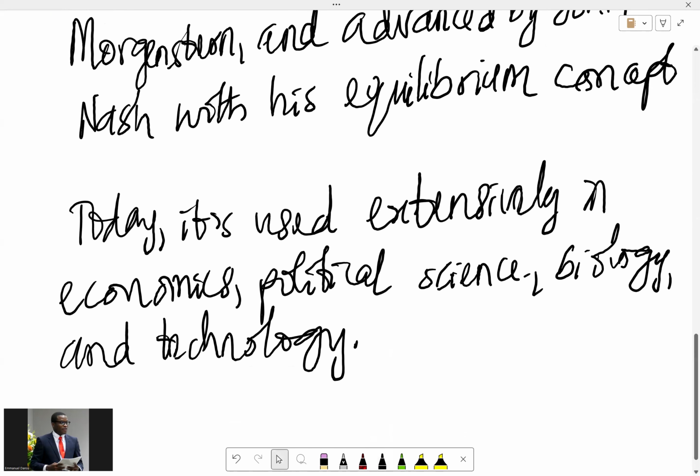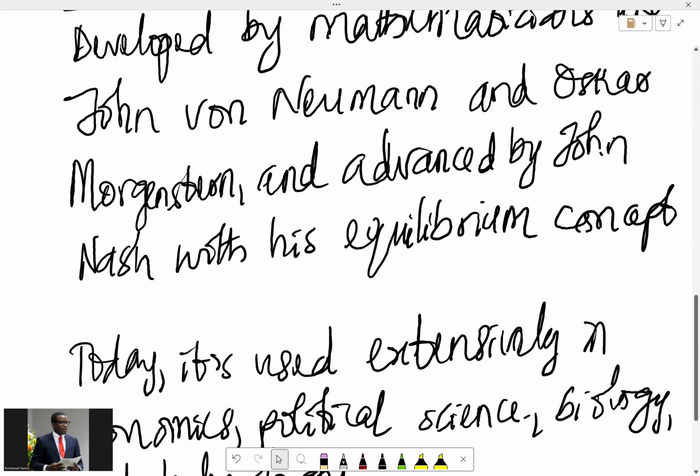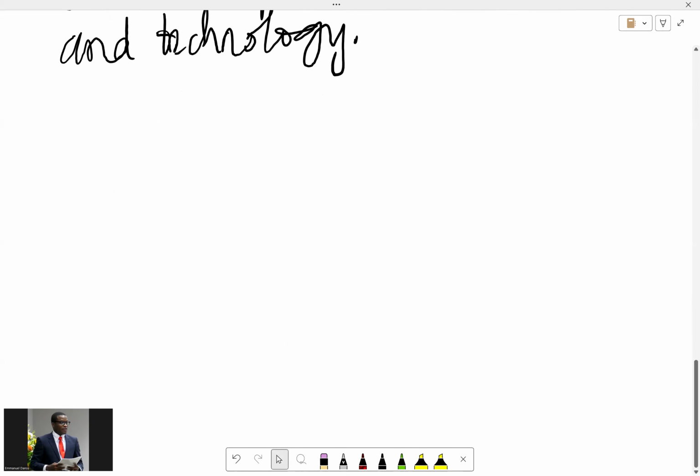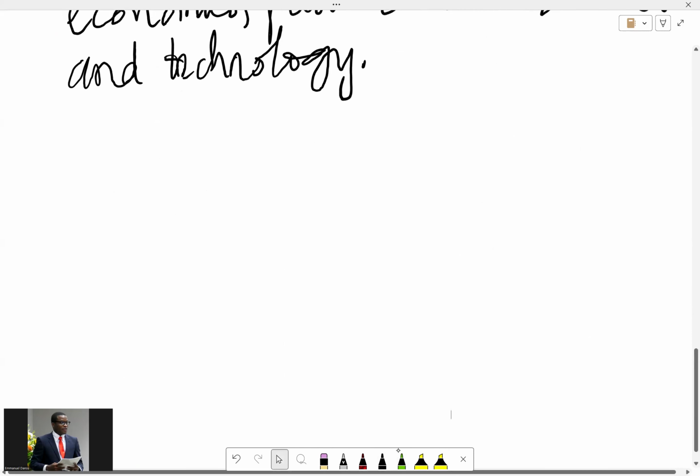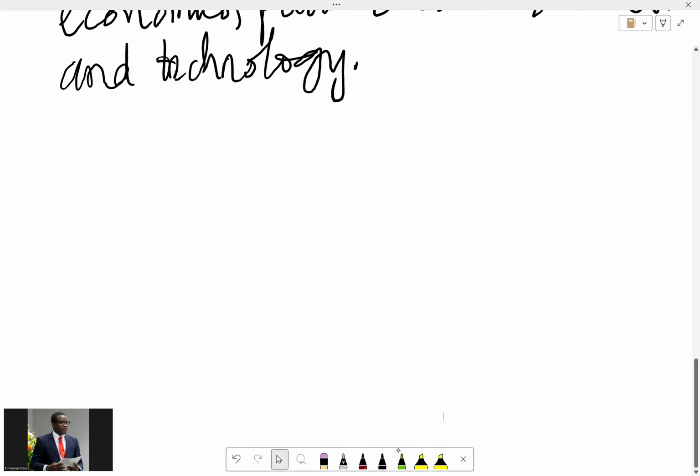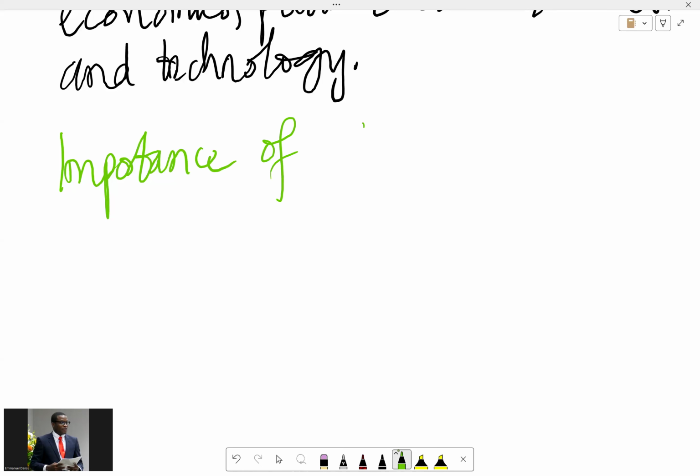Now let's look at the importance of game theory. How important is it? We have seen that it's about decision making, subject to whatever all the participants involved do. So, importance of game theory.